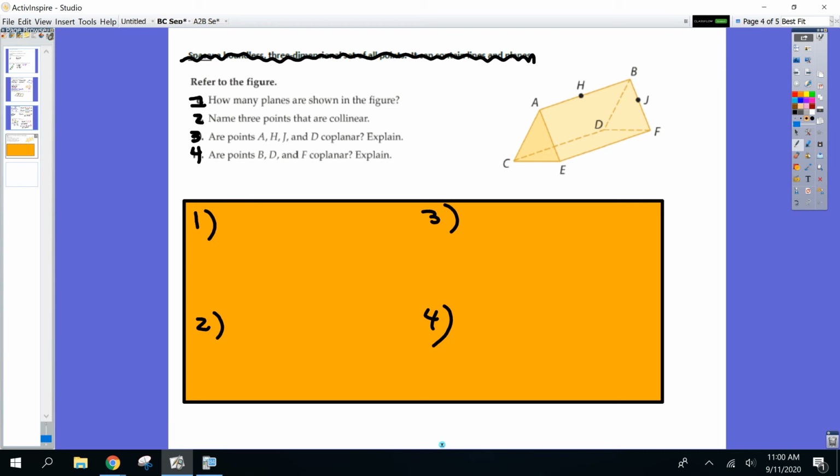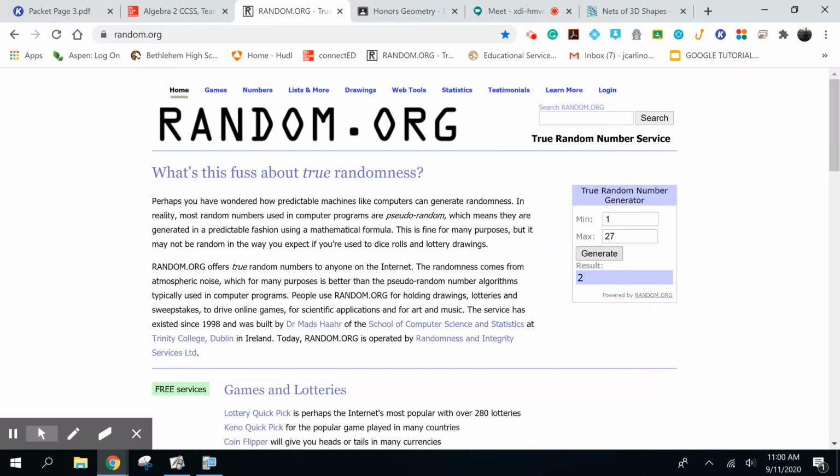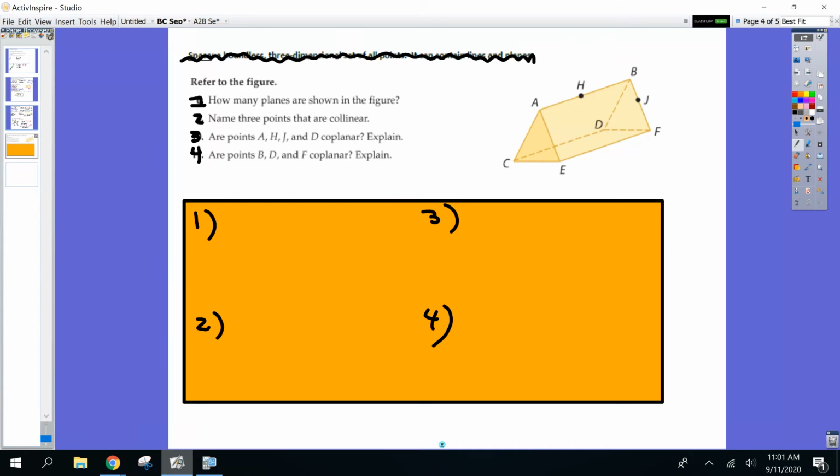How many planes are in this figure, guys? How many planes are in this figure? Lucas, on fire today. How many planes you get, Lucas? 5. Yep, 5 planes. Good job.